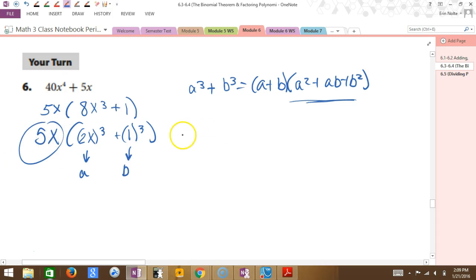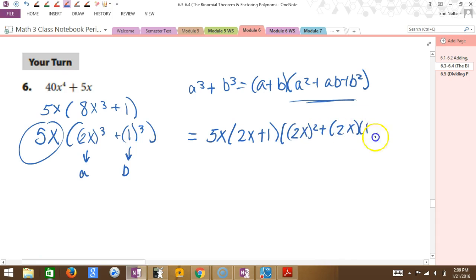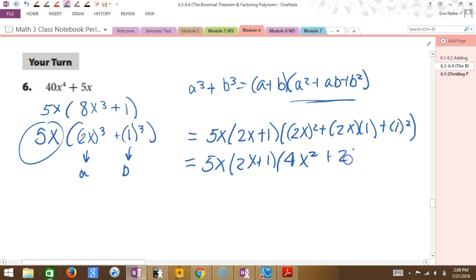So it would be equal to 5x times 2x plus 1 times, plug my a in, 2x squared plus 2x times 1 plus 1 squared. Okay? So let's just reduce this a little bit. 5x times 2x plus 1 times 4x squared plus 2x plus 1.